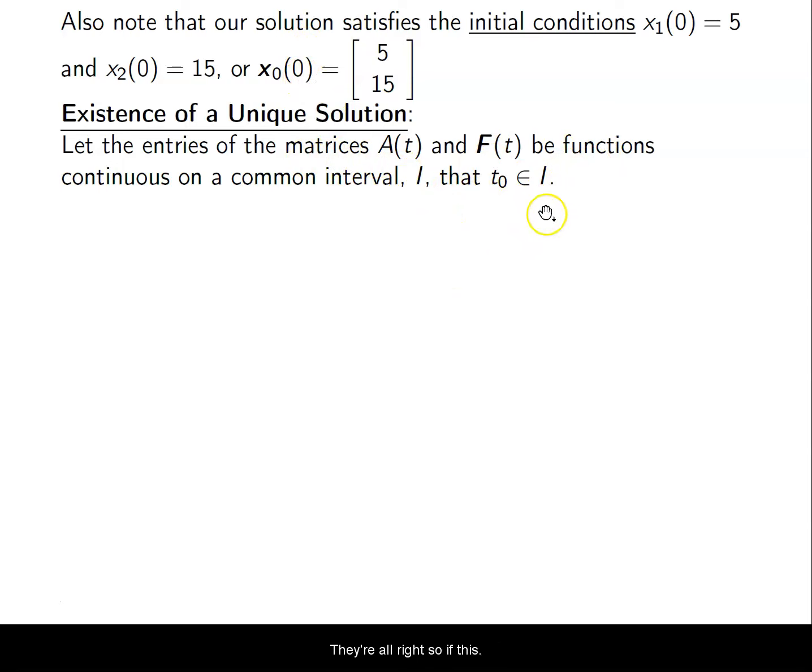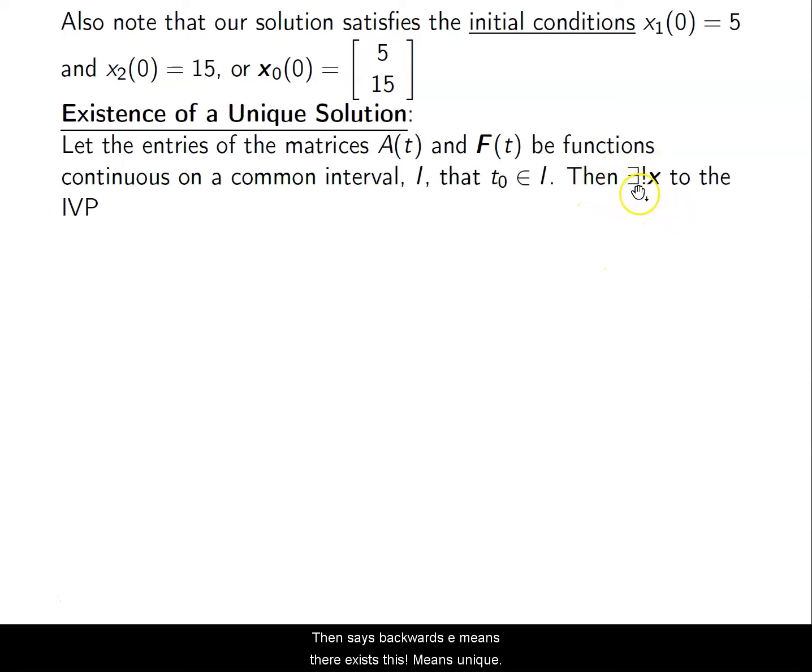So if my initial point exists for my forcing function and for my coefficient matrix, then since the backwards E means there exists, this exclamation mark means unique. There exists a unique x to that initial value problem. So the existence of that solution is a unique solution.